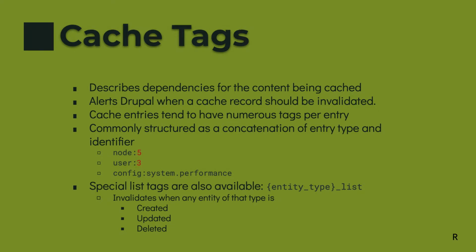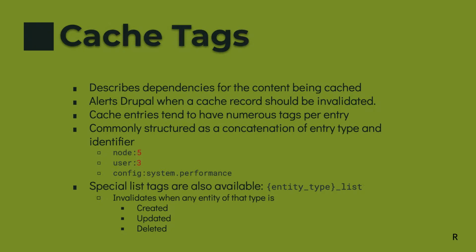But with cache tags, that's how we address that so that we still get things invalidated. Cache tags tell Drupal what the actual content being shown is, so that Drupal has more information about what it's showing and can behave a little more intelligently about what's happening there.